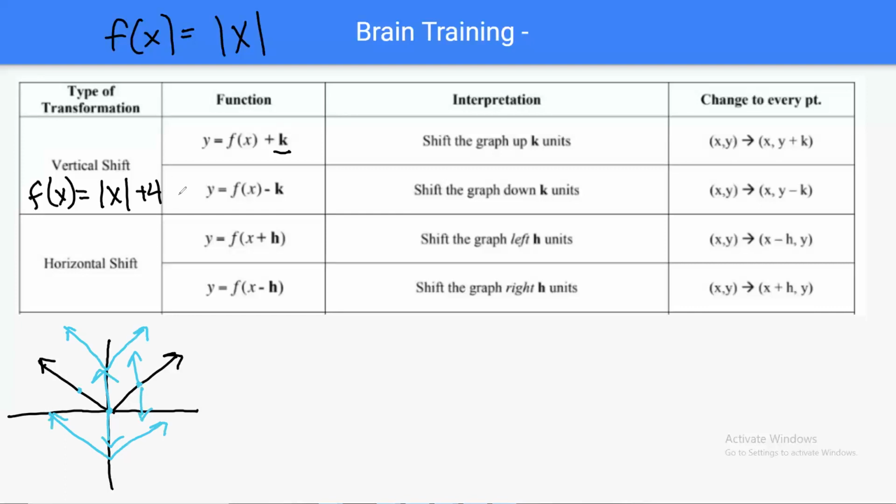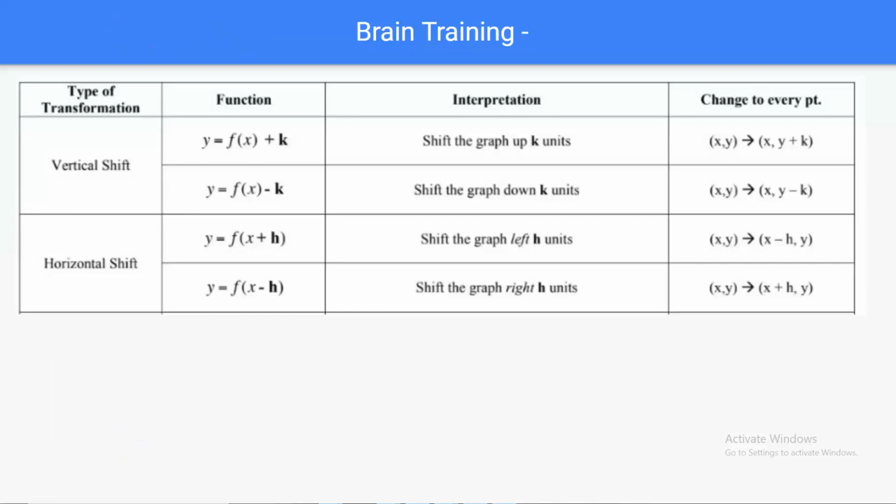So the plus 4, you can take it for what it is. We're actually moving this up 4 units. So that's why a vertical shift plus k. We're shifting it up k units.